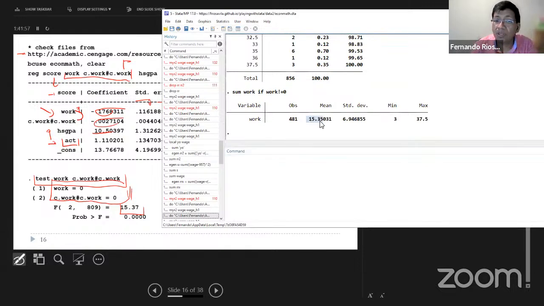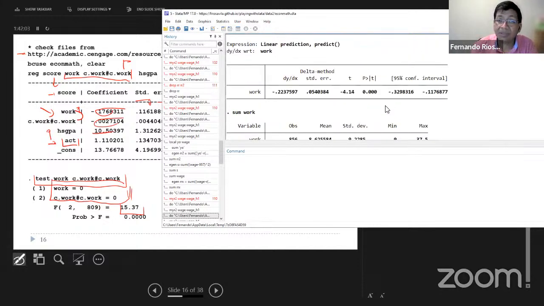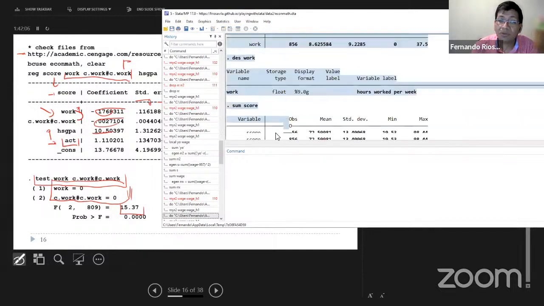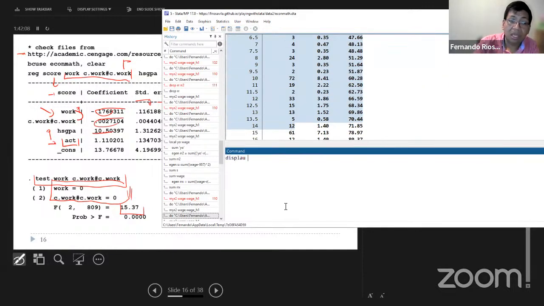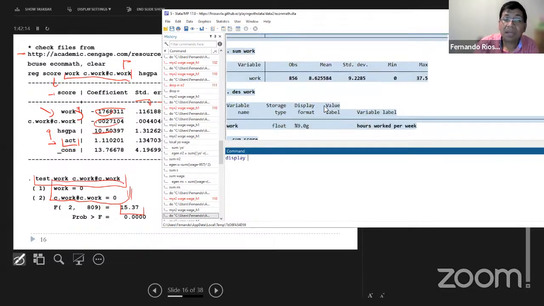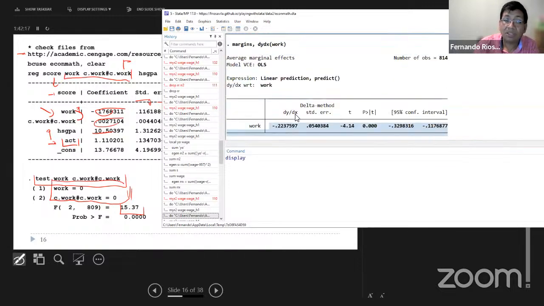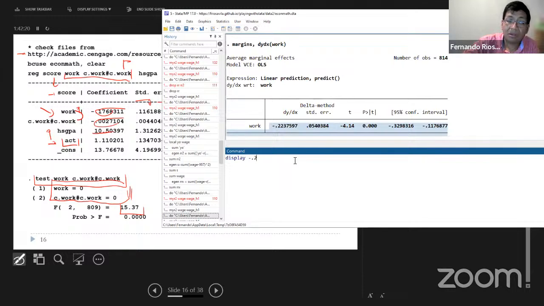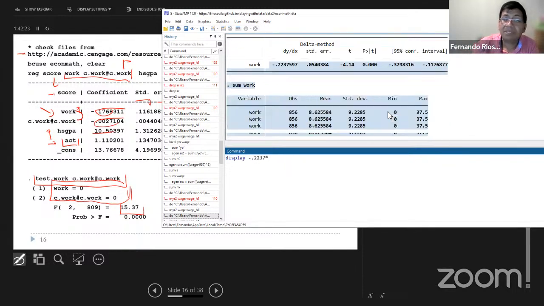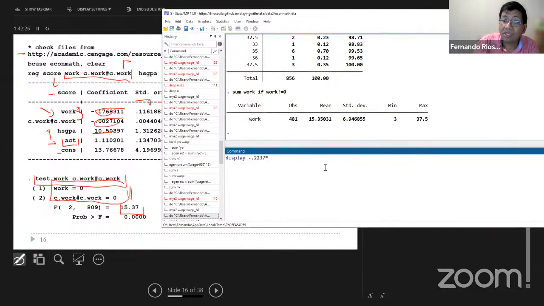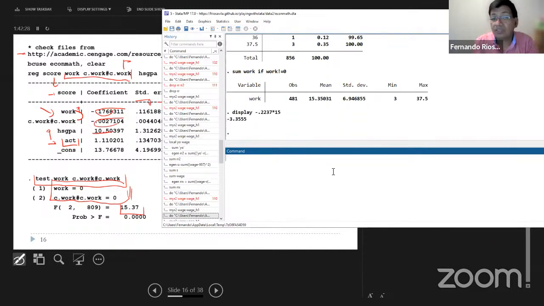And when they do work, they have to work at least, on average, 15 hours per week, which means that when we compare people who work versus those who don't, a better characterization of the impact should be to multiply this marginal effect for one additional hour of work times how much time people who work had to dedicate to that on average. So you lose 3 points, 3.3 points on average, over a 100-point score. Is that significant?